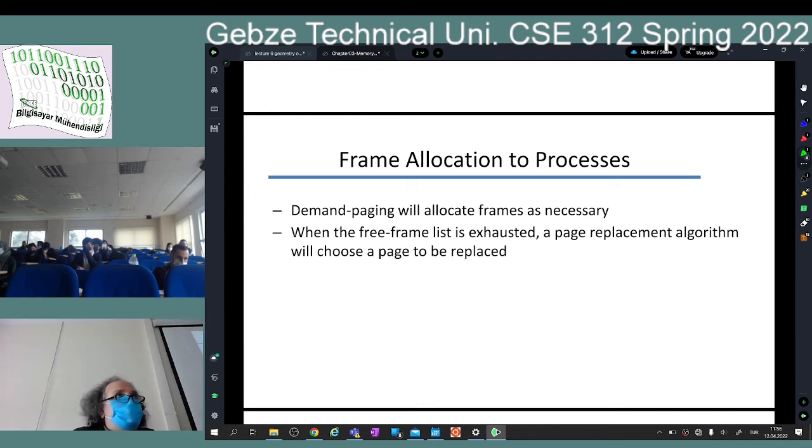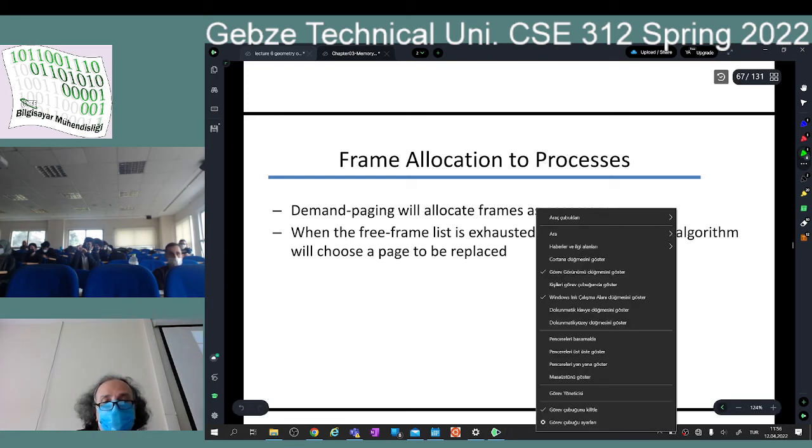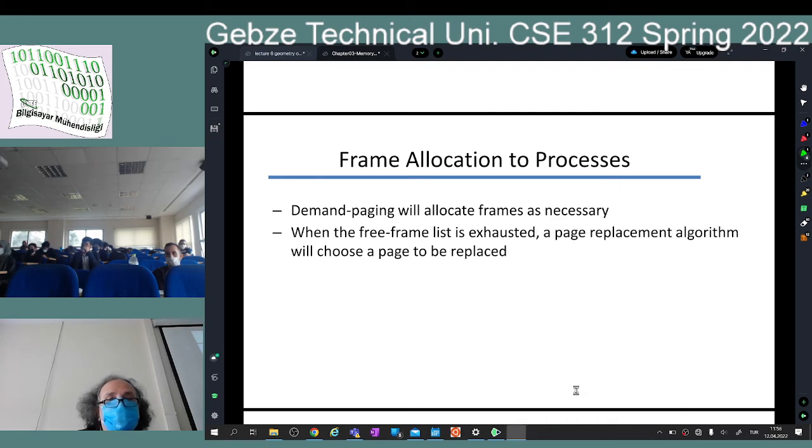I don't have to do any page replacement. Page replacements are usually done to make that 10%, 15%, 20% free list available during the idle times of the operating system.